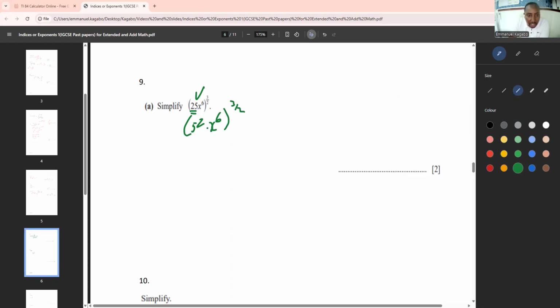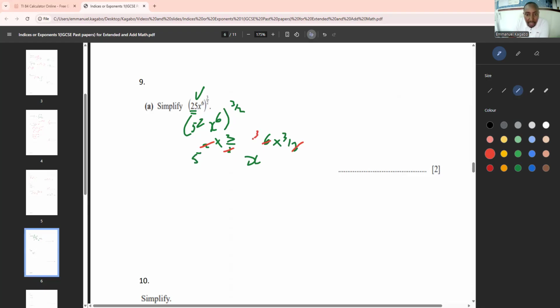Now, when you reach here, you multiply on each. So it will be 5 power 2 times 3 over 2, then x power 6 times 3 over 2. Now I simplify: this 2 goes with that, and this 2 simplifies with that.